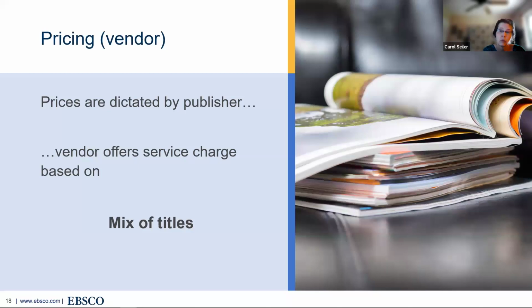Or do you want to get one check with 10,000 orders and 5 contacts? Ooh, it's a lot easier to deal with 5 people and one check than it is 10,000 people and 10,000 checks. So it's a benefit to the publisher, and thus they will offer the vendor a commission or a lower price. They still dictate that the library has to pay a certain price.